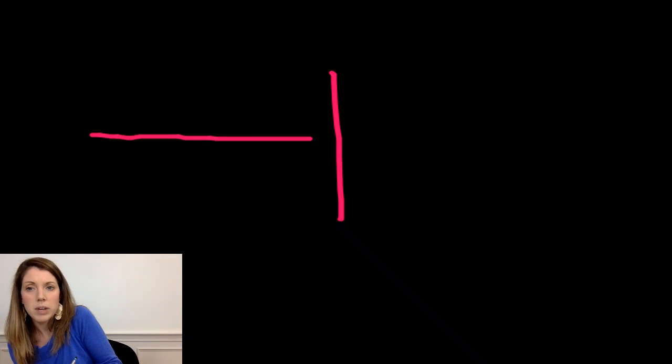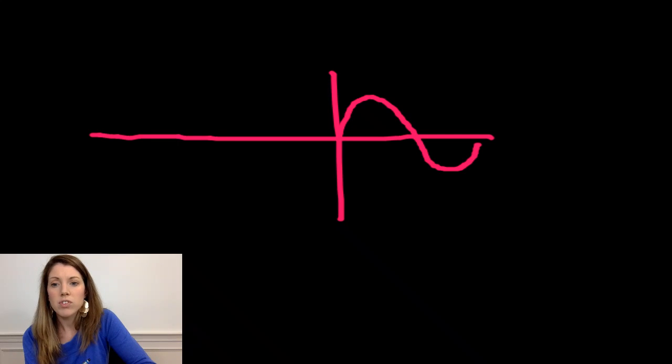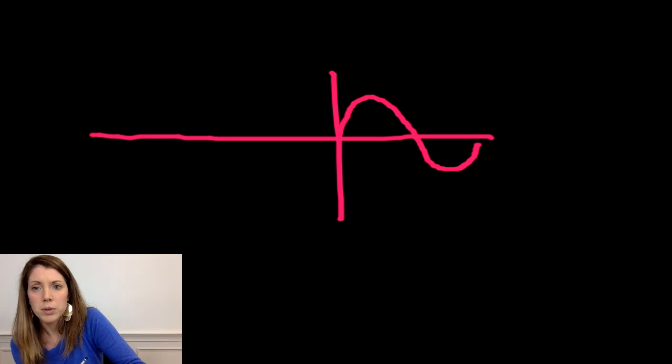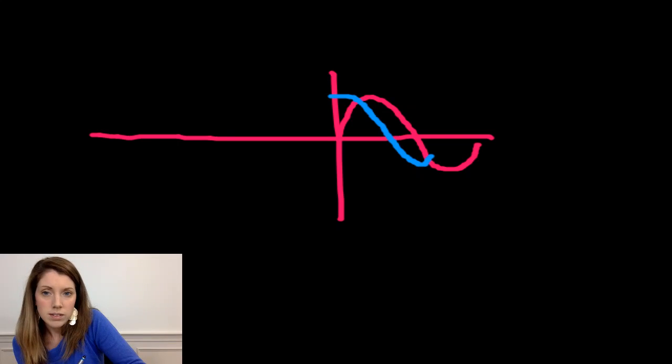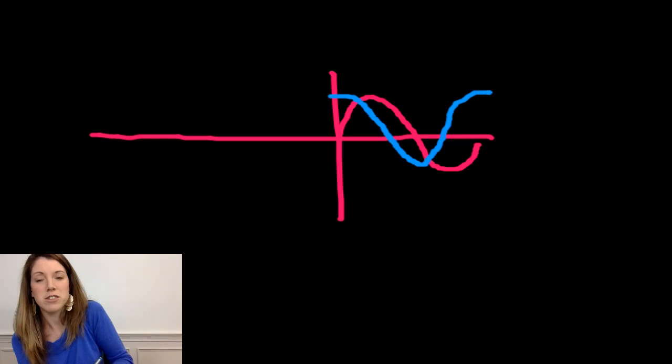go over here. I didn't actually think to make a graph. I could have done that, but we'll do it the easy way here. Here's the sine function. Just the first part of it, right? And the cosine function, we'll do it in blue, looks like that. There we go. I'm trying to make it as exact as possible.